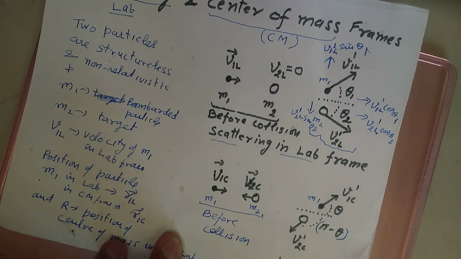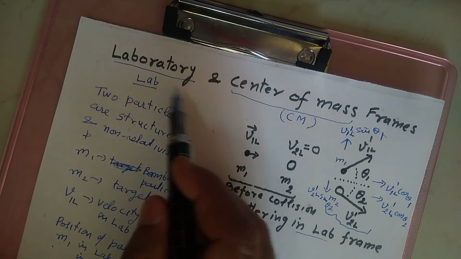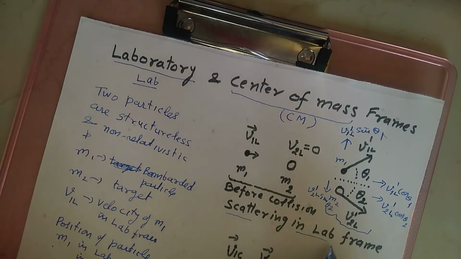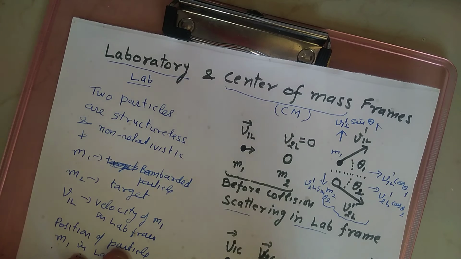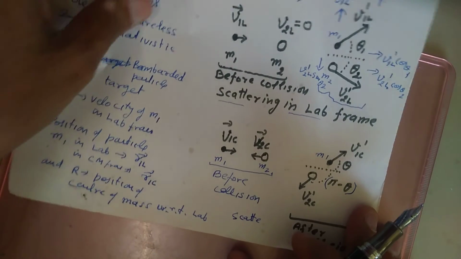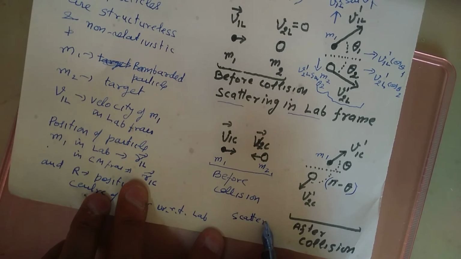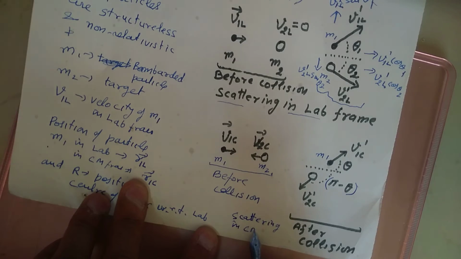Okay, so basically we have discussed what we mean by scattering in the lab frame, and this is representing scattering in the center of mass frame.